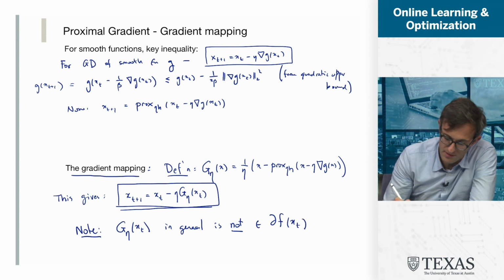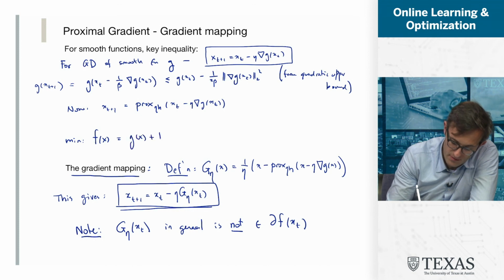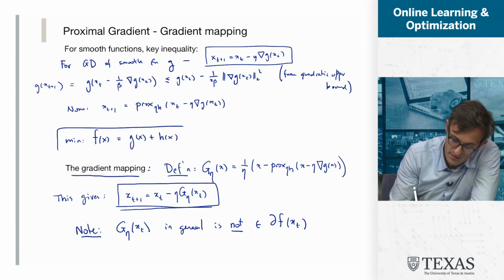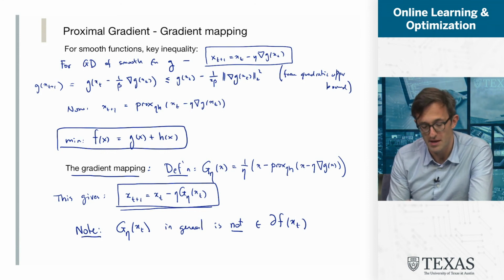Remember, our overall goal is to minimize f of x equals g of x plus h of x. And what we're saying here is that the proximal gradient algorithm exactly translates into this increment of xt plus 1 equals xt minus eta times something. And I'm just pointing out that this something that we're adding is not the gradient necessarily, not even a subgradient. It might not even be in the subdifferential.